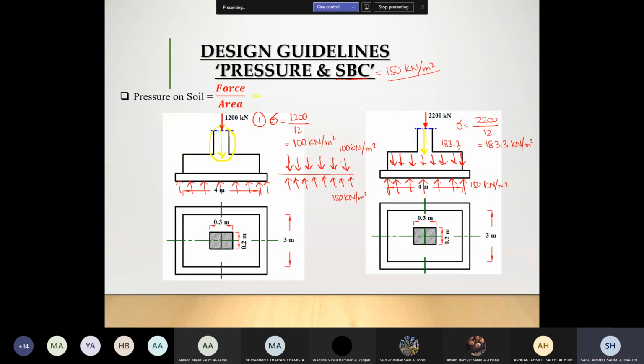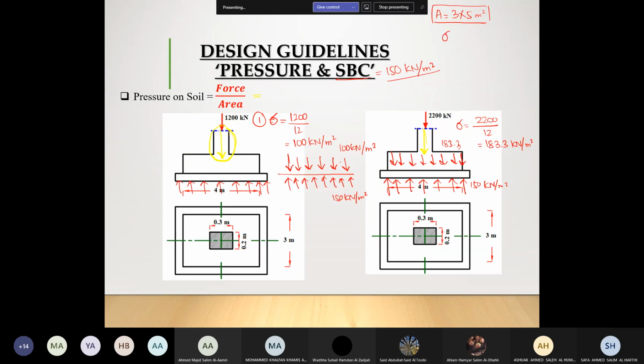Increase the area. Okay. So if you increase the area, you will see that your stress is going to be lesser. For example, I'm going to suggest that the area is going to be 3 into 5 meters square.